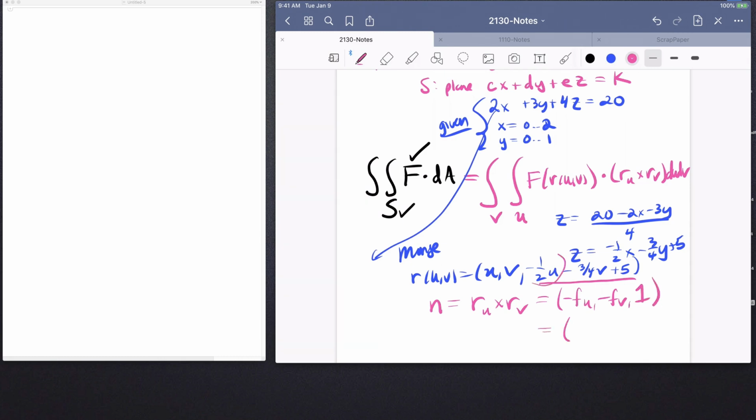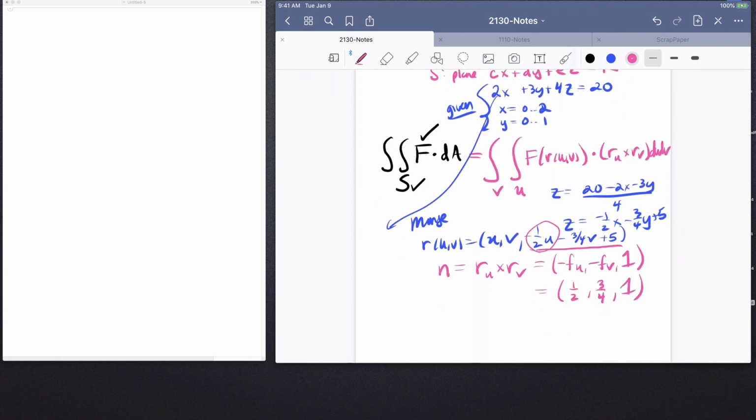The partial derivative of this with respect to u is negative 1/2, but when you take a negative, negative makes a positive. You will get 3/4 here, and then 1 for the z entry. So that handles our normal vector that we're going to use.